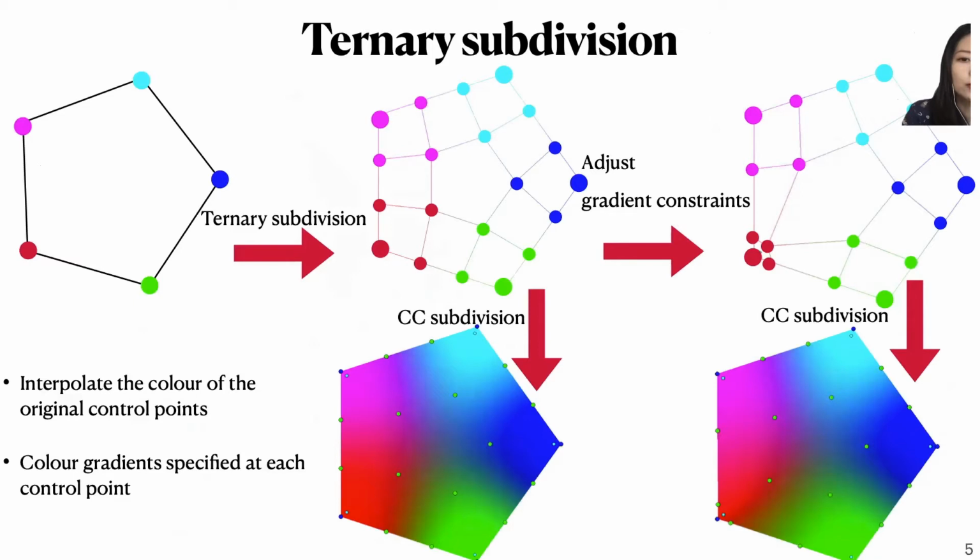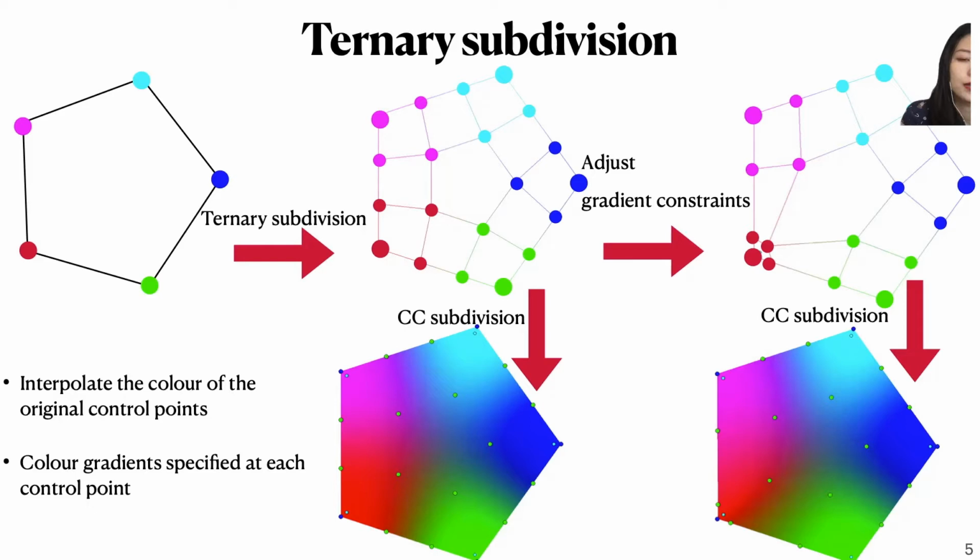Ternary subdivision is the first operation. For example, we have a pentagon with 5 original vertices associated with 5 different colors. Ternary subdivision adds a ring of vertices around each original vertex and assigns them the same color. Then after Catmull-Clark subdivision, we can ensure the limit color surface interpolates the color of the original control points.